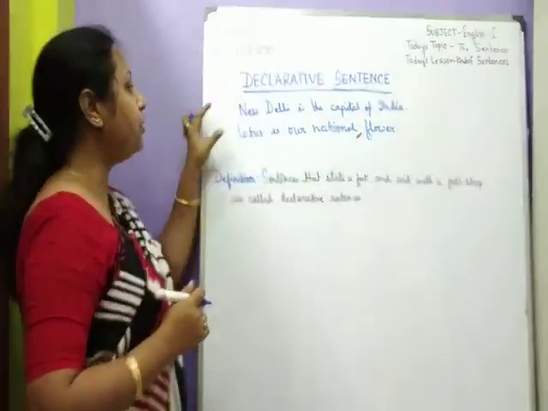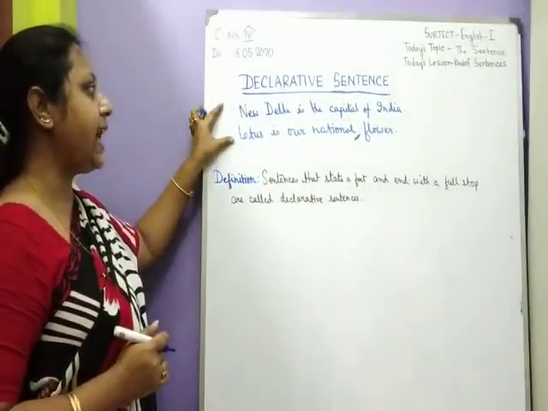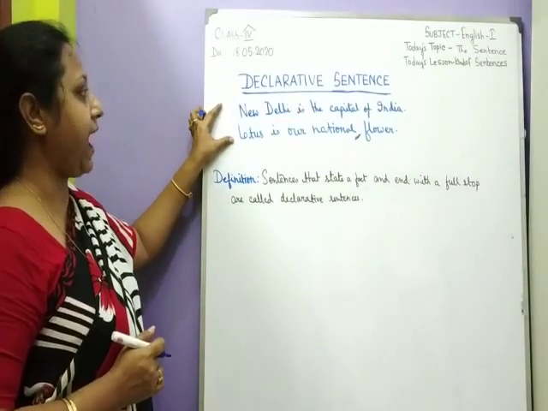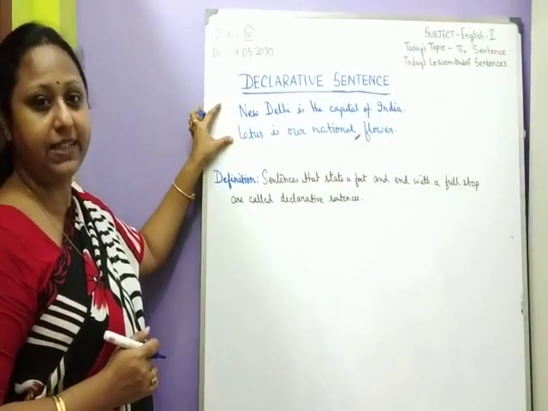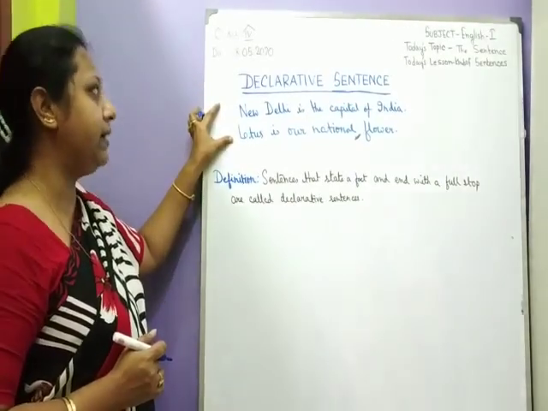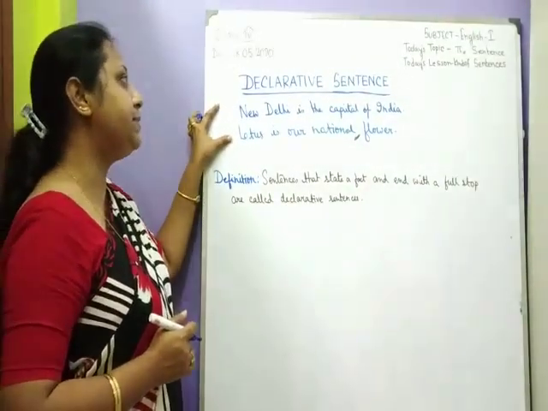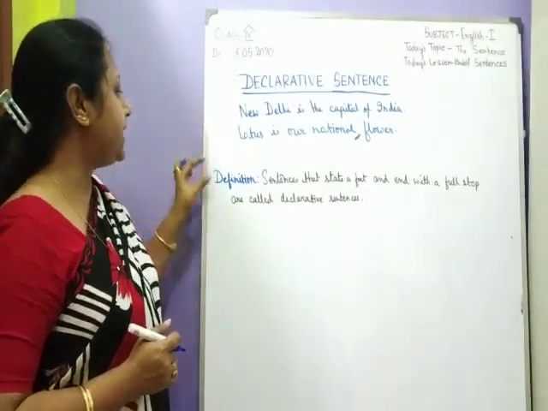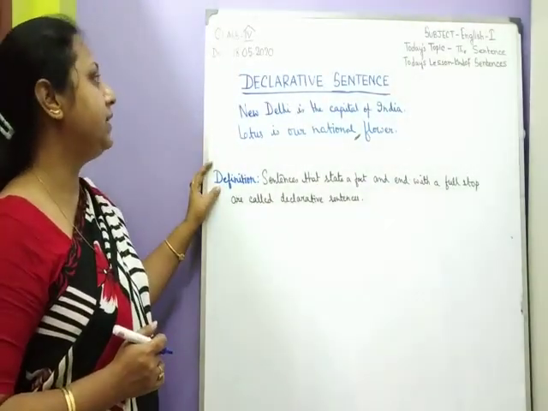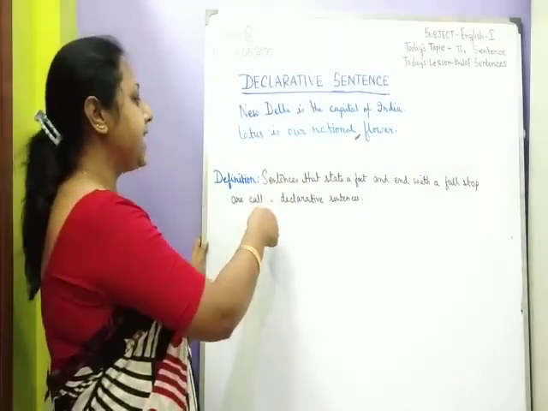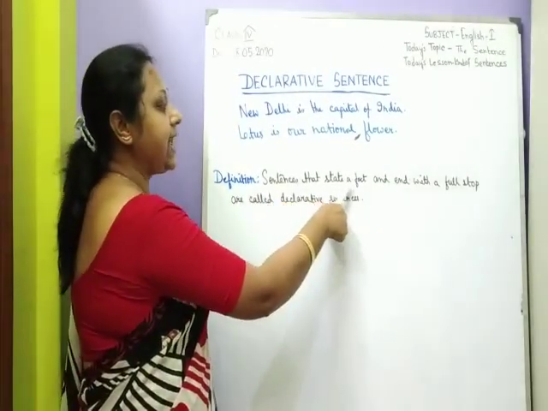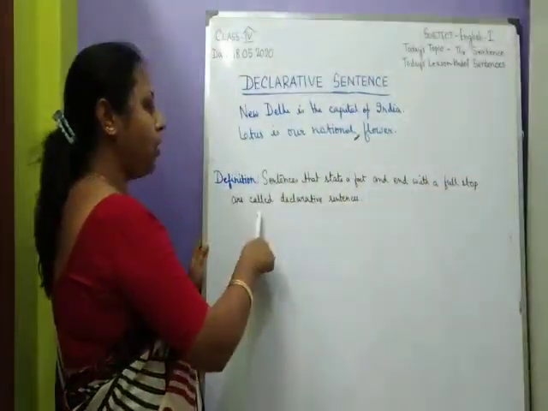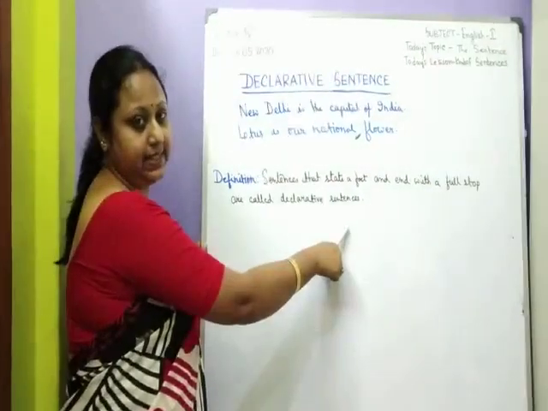You look, both these sentences state a fact. So, sentences that state a fact are called declarative sentences. And we must remember that a declarative sentence always ends with a full stop. Let us come to the definition of declarative sentence. Sentences that state a fact and end with a full stop are called declarative sentences.